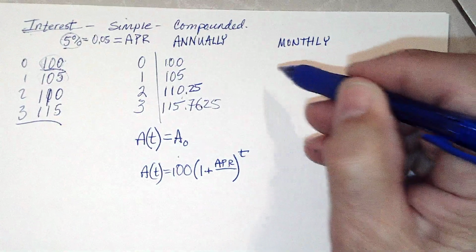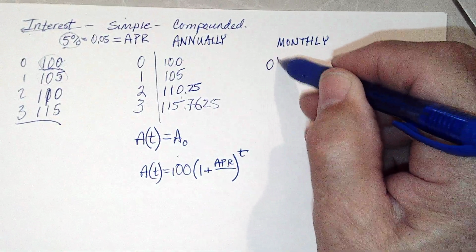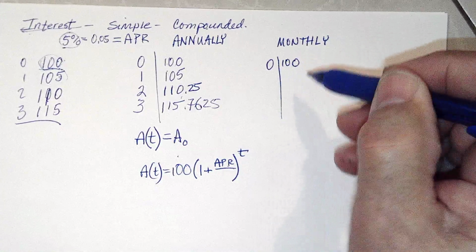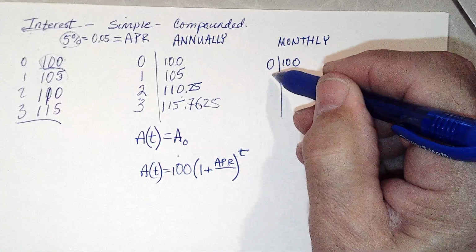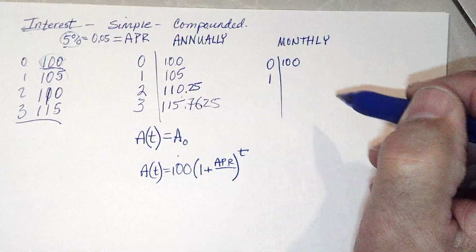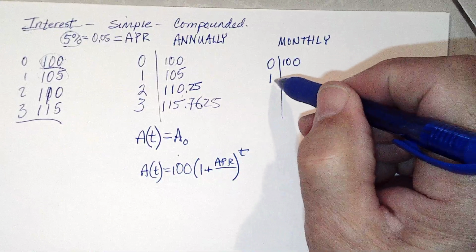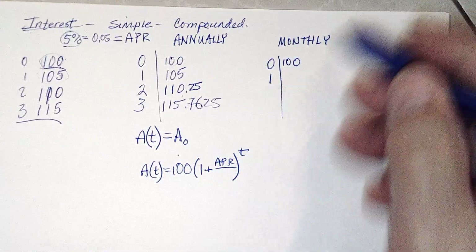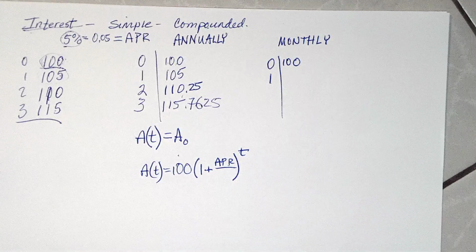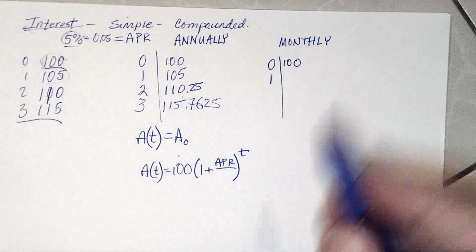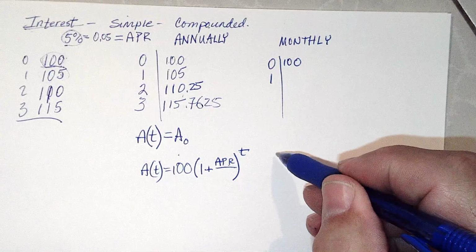So then this would start off with 0 being $100. And then after 1 year, well, it's going to be a little tricky because you're going to get your interest each month. So we have to modify our formula.